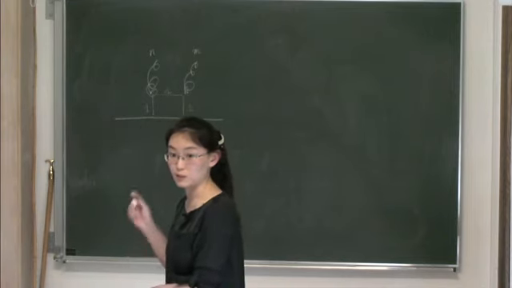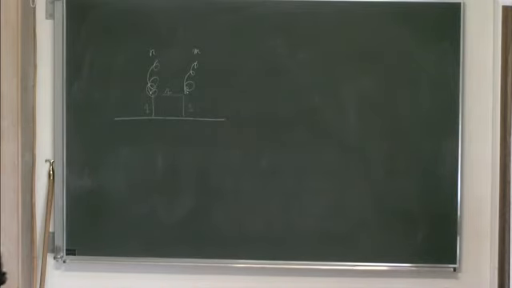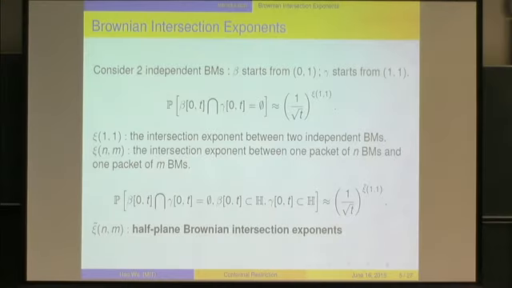Of course, this probability will be much smaller than the above one, and it will also decay like a power law of t, and we define it as ξ̃11 or ξ̃nm. Since the probability is much smaller than the above one, the exponent here will be much bigger than the above one. This is what we call half-plane Brownian intersection exponents.